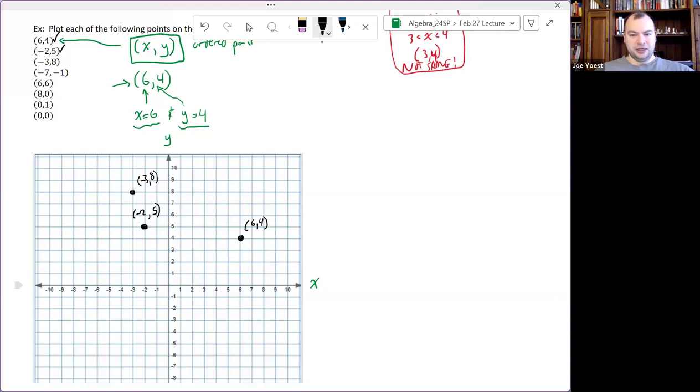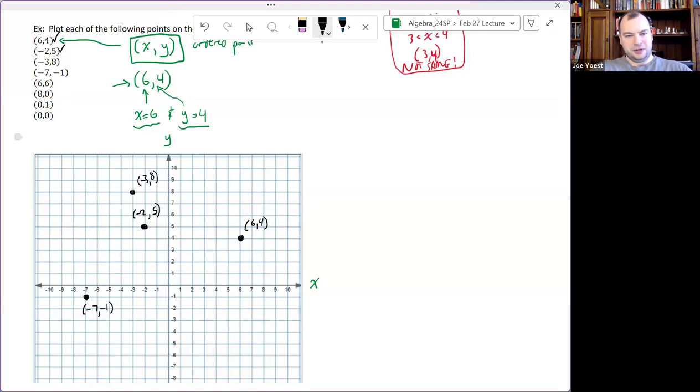If I have, say, (-7, -1), going 7 to the left on the x-axis, or going to the x location -7, and then looking for the y location -1, so going vertically down 1 unit, there's (-7, -1).